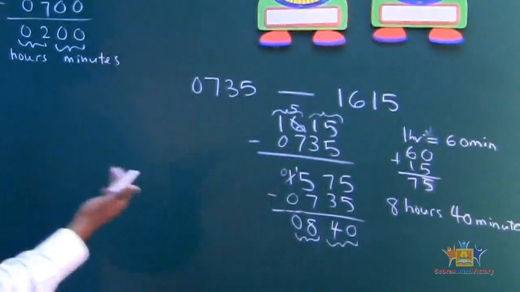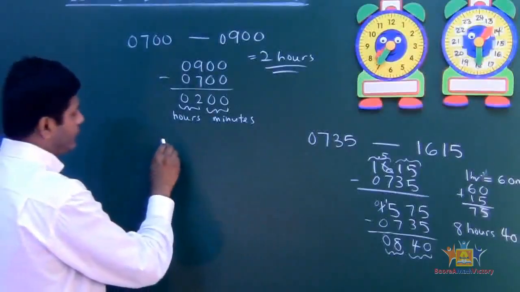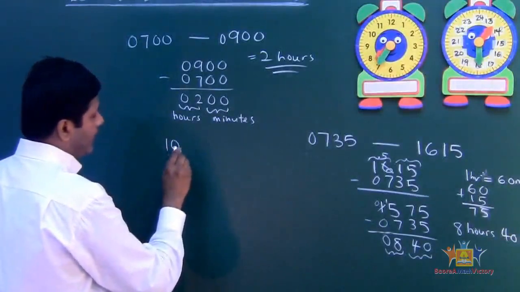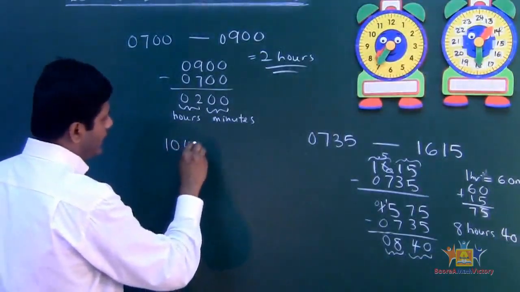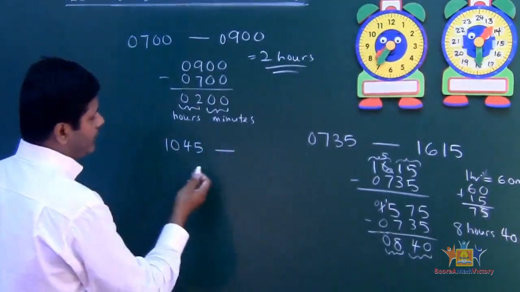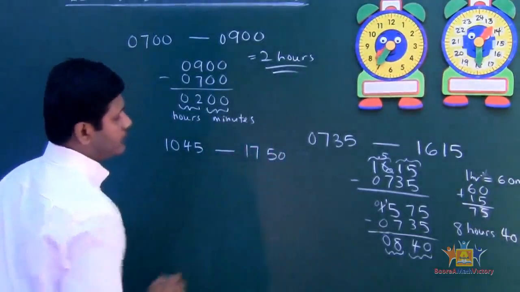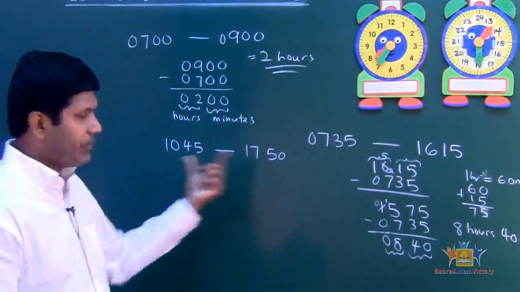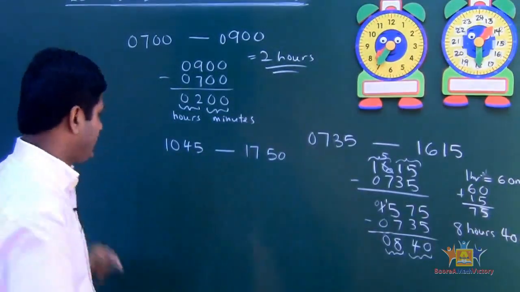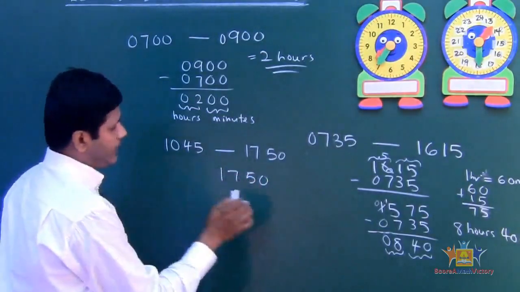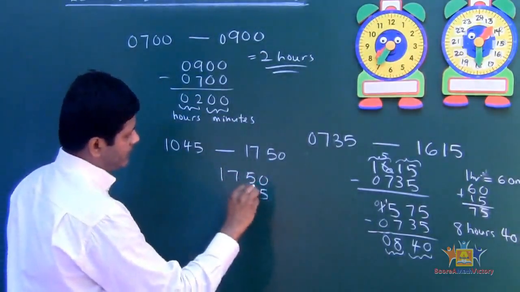Now let me give you another one. Let's say I give you 10:45, and I want to find the interval to 17:50. So what do we do? Line them up. Take the big number, 17:50, and line it up with 10:45.